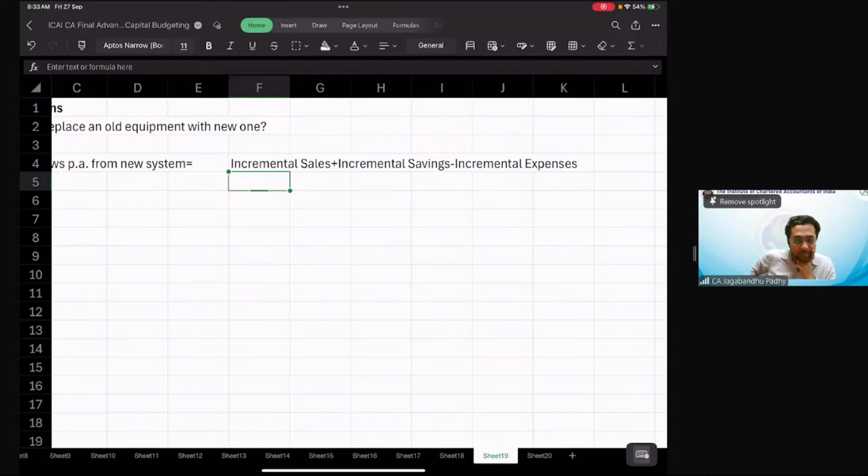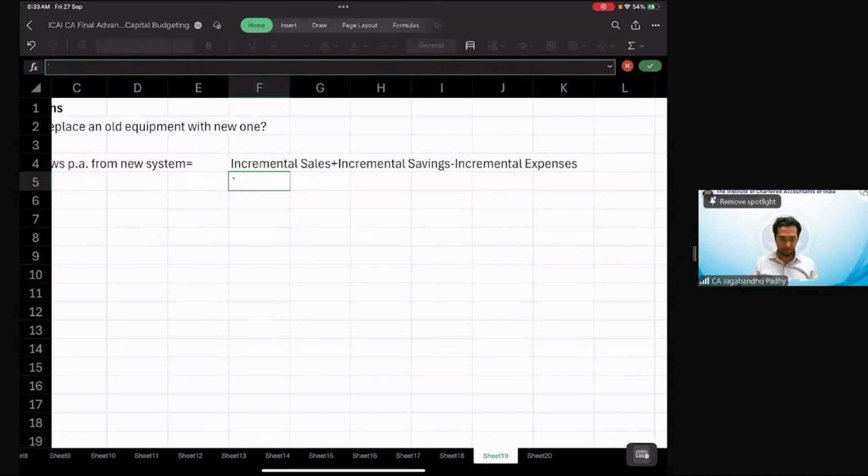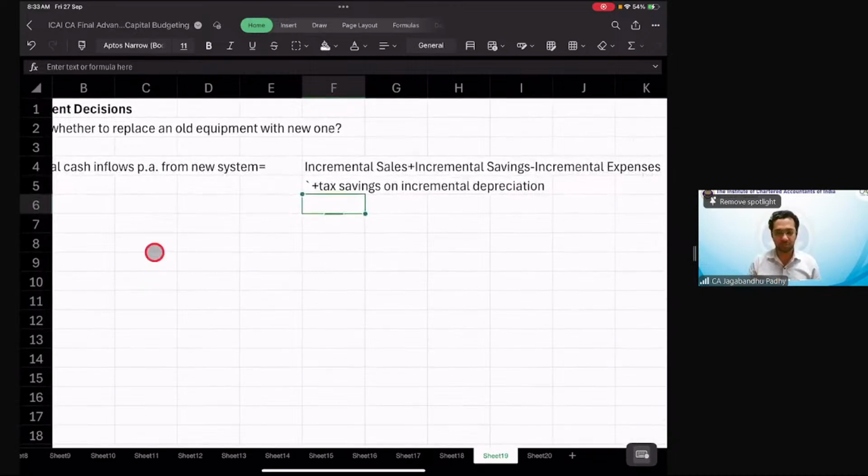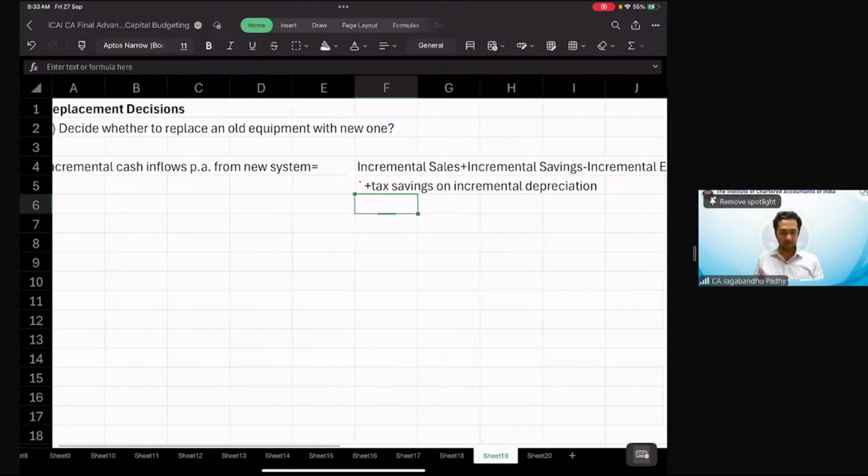What's that one more important aspect? Tax savings on incremental depreciation, right? So we have to compute these aspects. First is incremental sales plus any incremental savings minus any incremental expenses plus the tax savings on the incremental depreciation, right? So let's try to compute it.